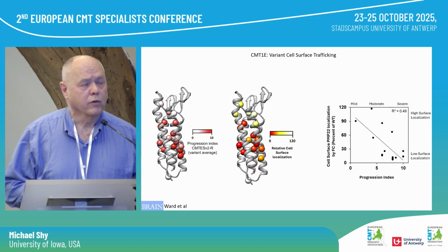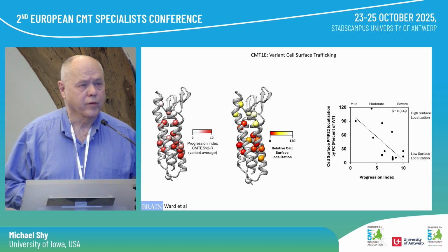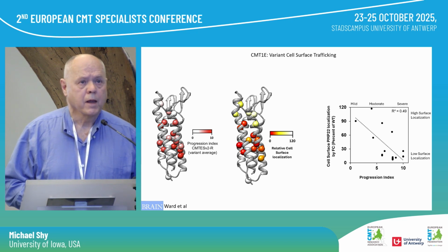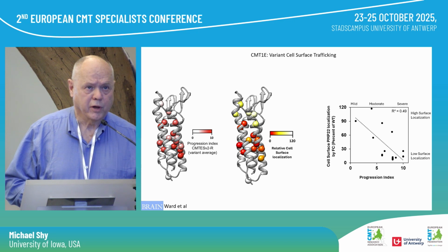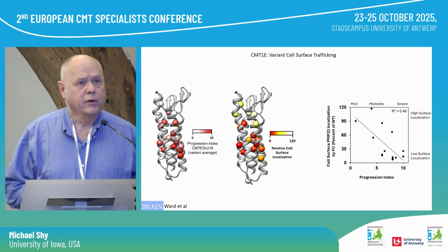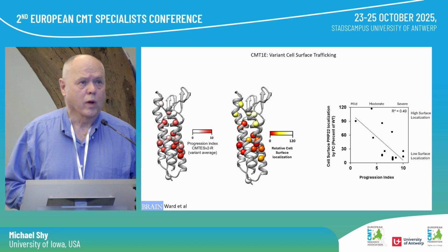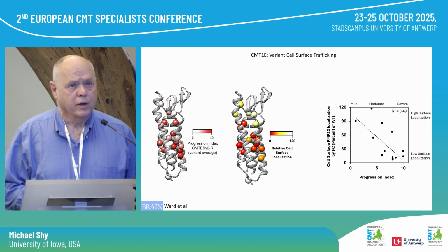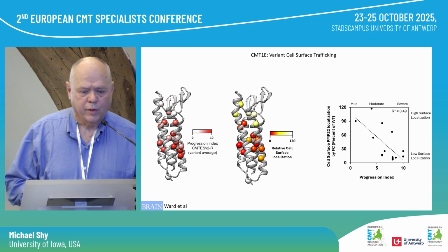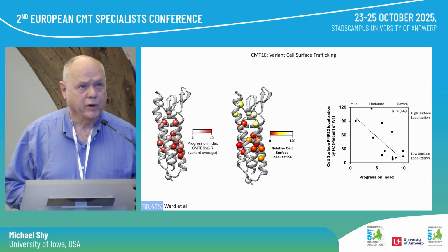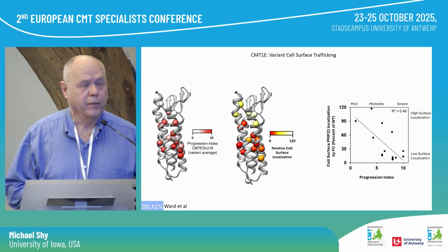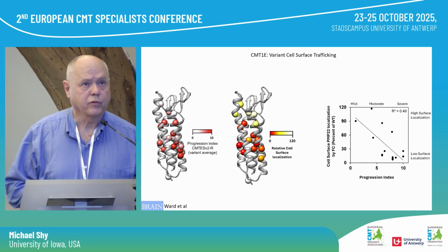And we wanted to see how that correlated with our progression index. Again, the progression index of 10 is the most severe, and you can see that the severity really correlates quite well with the inability of the mutated protein to get out to the cell surface. And again, these are in HEK293 cells.